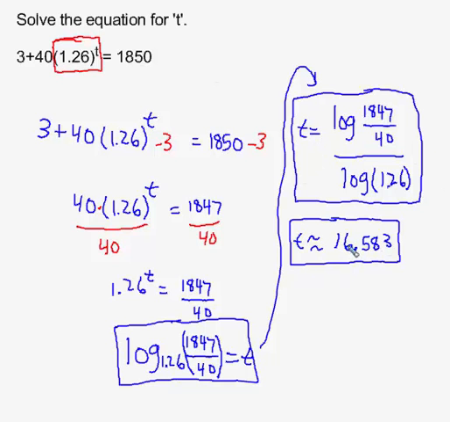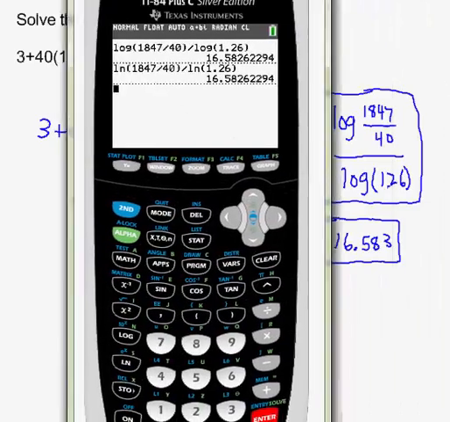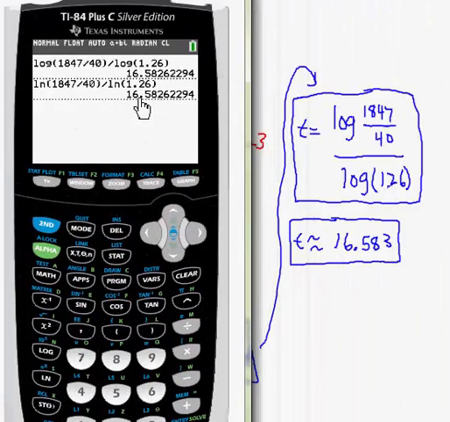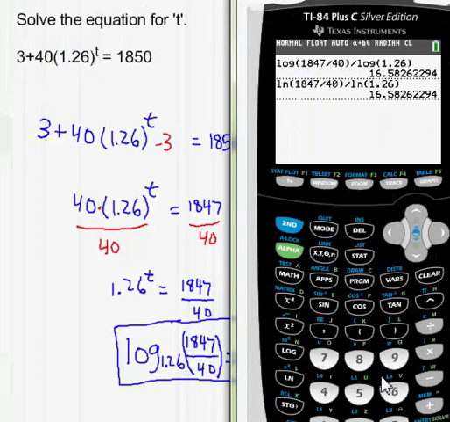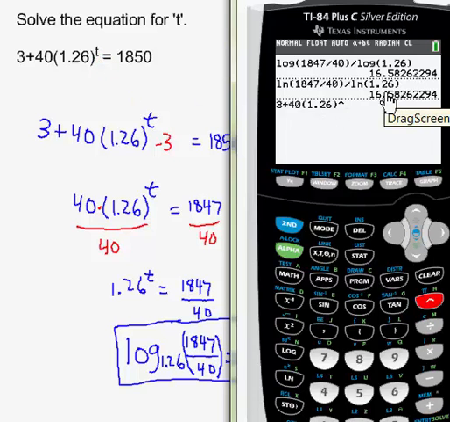Rather than stopping here, you may want to plug your solution back into the original equation to see if it works. Let me show you how to do that without using the rounded version of the solution. In your calculator, the last thing that you entered is stored in the previous answer feature of the calculator. I'm going to type out the left-hand side of my equation, 3 plus 40, 1.26 raised to the power of t, but rather than using a variable, I'm going to use the previous answer feature on my calculator.